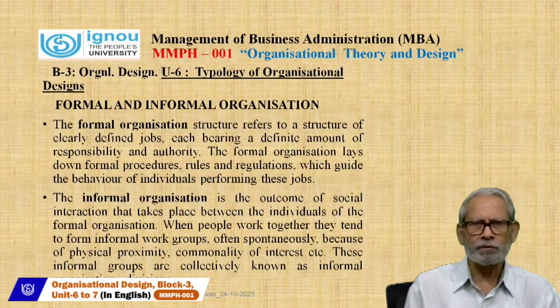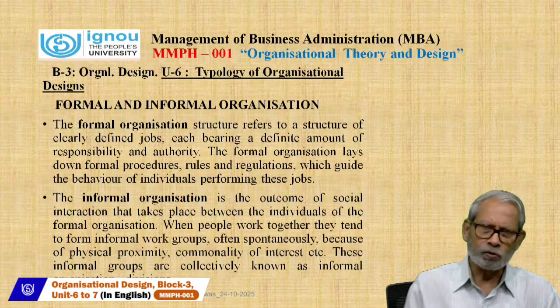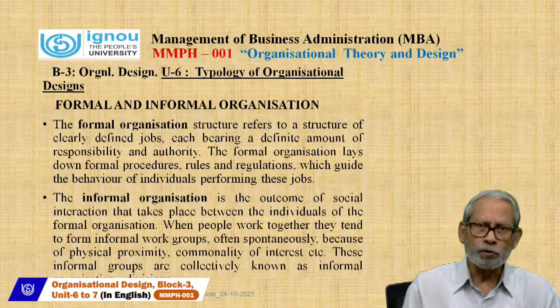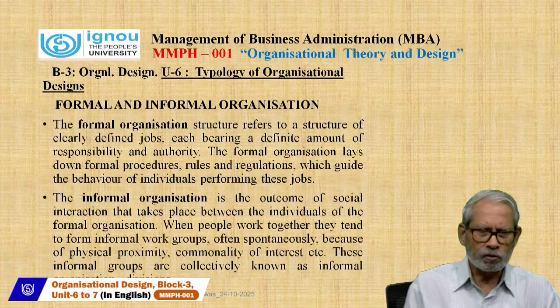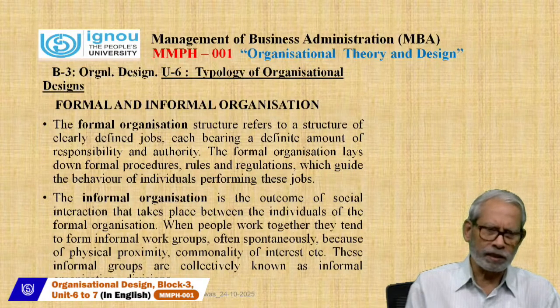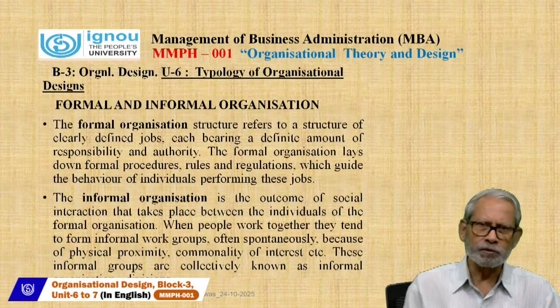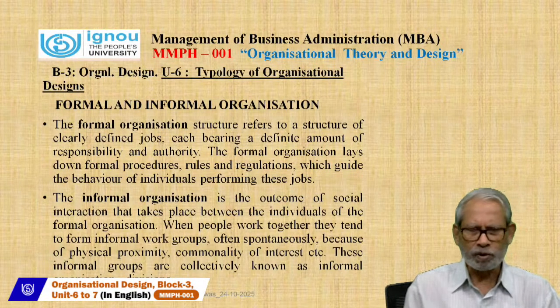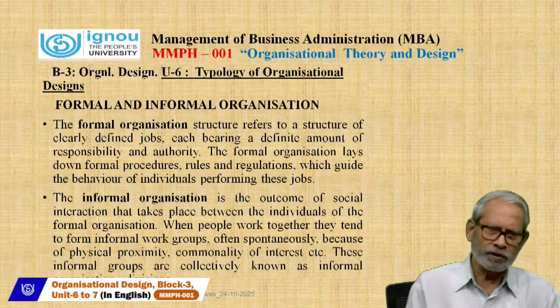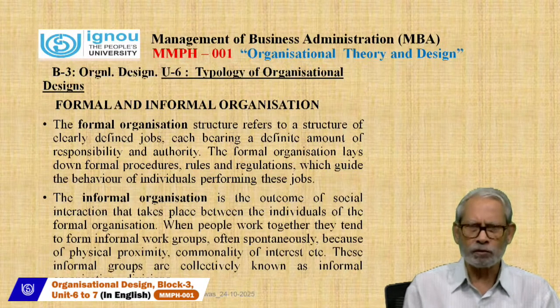Every job has some responsibility: what to do, how to do it, and to whom you have to report. The authority is also defined. There are formal procedures, and rules and regulations you have to maintain, which guide the behavior of the individuals performing these jobs. That is what we can call the formal organization.